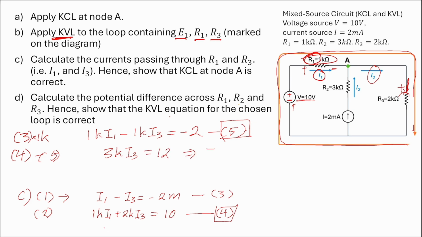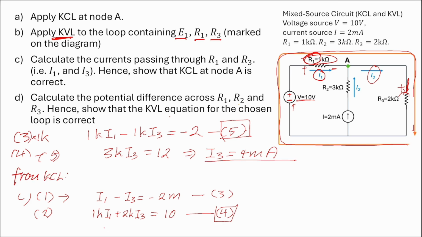So I3 equals 4 milliamp, because remember, I3 is 12 over 3k. Because this is over 3k, 1 over 1000 is equal to 10 to the minus 3, so we just say 4 times 10 to the minus 3. So it's very easy. 1 over k is m in terms of the prefix.